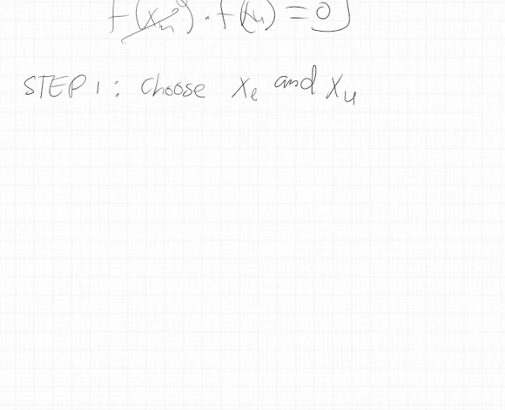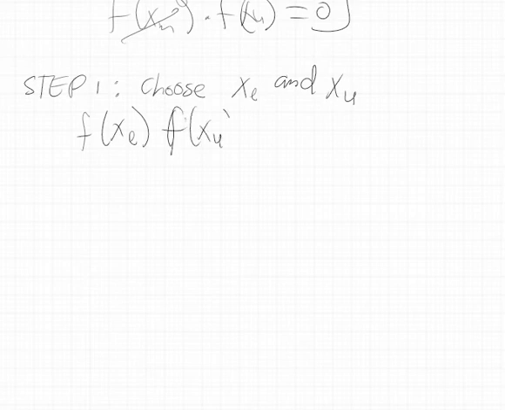So when choosing XL and XU, you take note that if I multiply f of XL and f of XU, this should be less than 0. Otherwise, the roots cannot be located between that interval. You change the interval. So the best step 1 is to do either graphical method or incremental search.